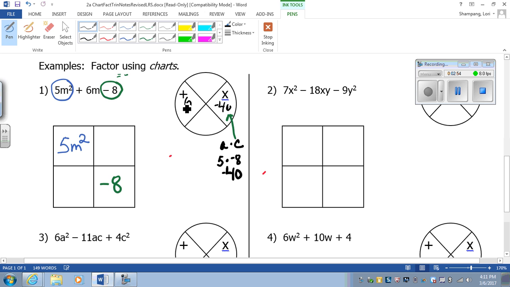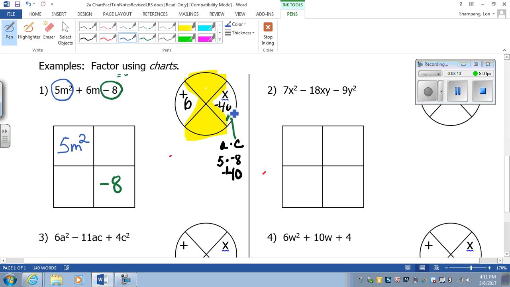Now, at this point, we have these 2 open sectors. And what we need to do is find what those sectors are by trying to figure this out. We're trying to locate a magic pair: 2 factors that multiply to -40 but add to positive 6.